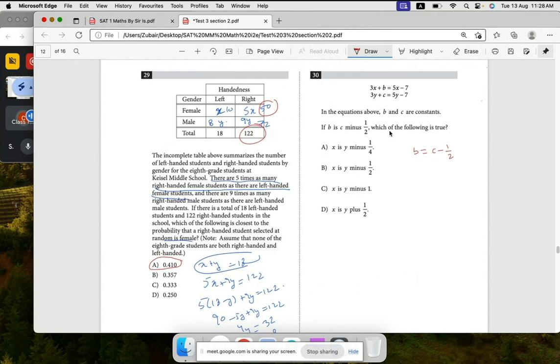So why don't we just replace: 3x plus C minus 1 by 2 is equal to 5x minus 7, 3y plus C is equal to 5y minus 7.